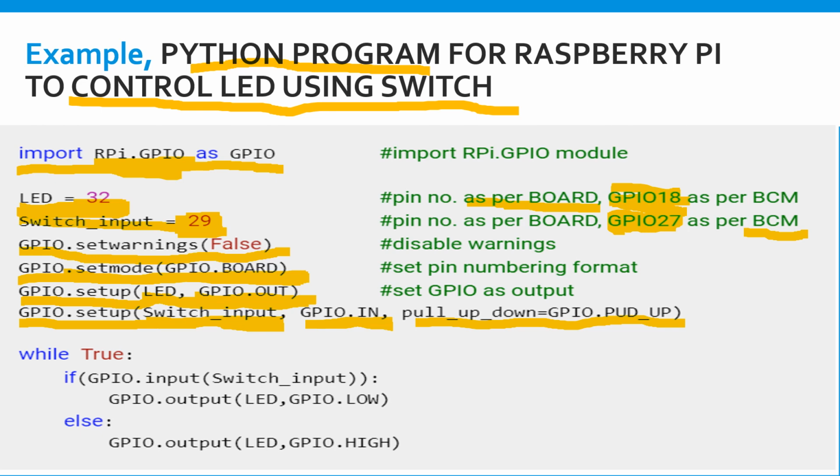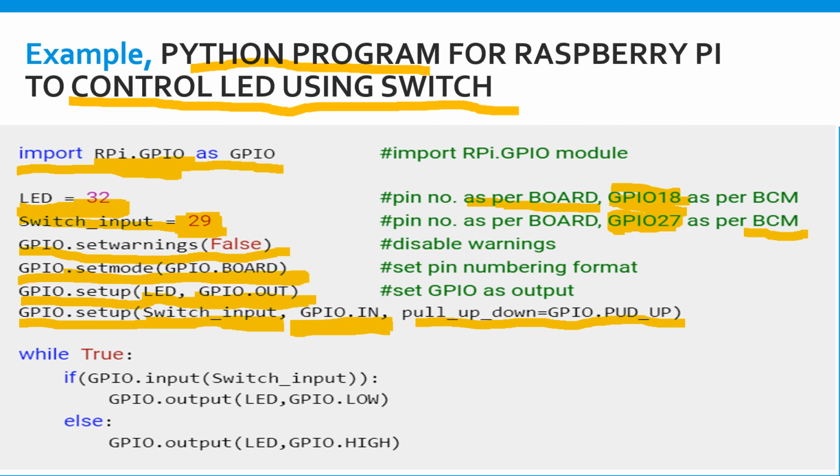So this GPIO function is used to set GPIO as an input. Here we are using the switch as an input, and therefore we are using GPIO.IN. So remember the functions that are used to set a particular pin as an input or output.